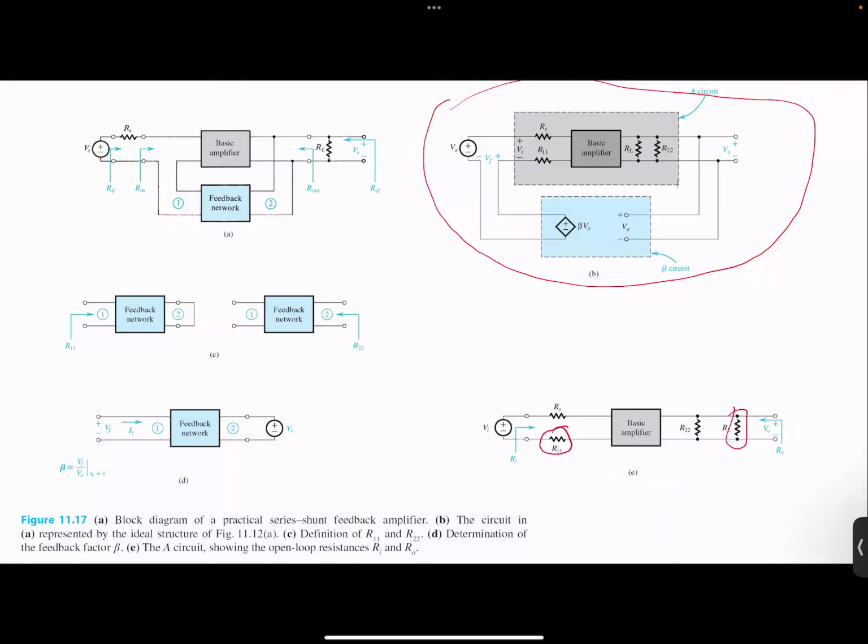If it is ideal, and let me write down here, if it's ideal, then R11 equals 0 and R22 equals infinity. So this circuit will become basically this, your basic amplifier.